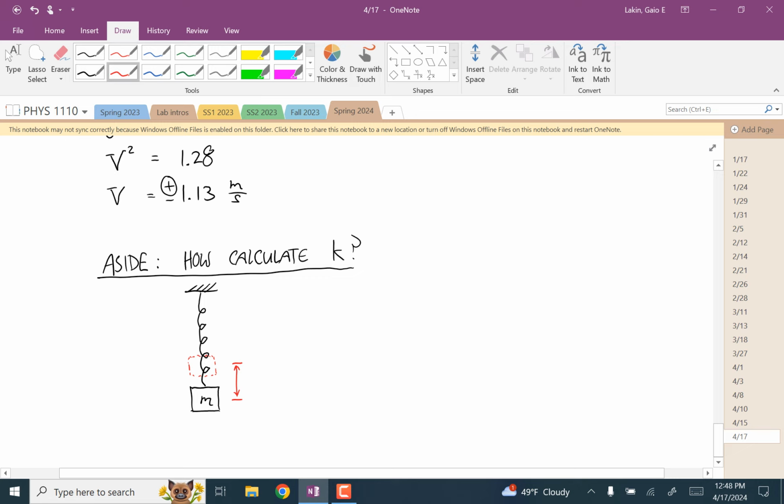We'll call it x. Then that spring constant is equal to mg divided by x.